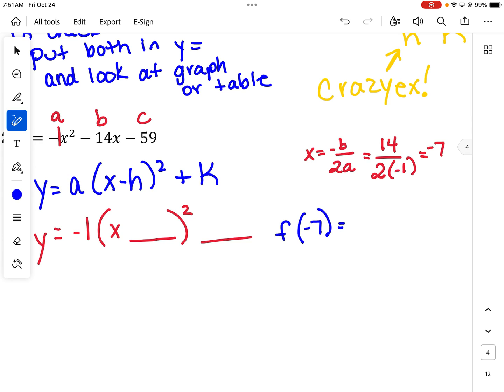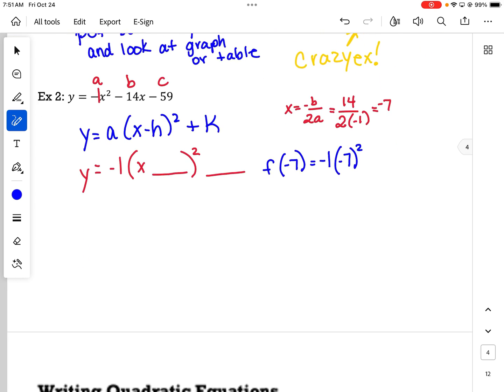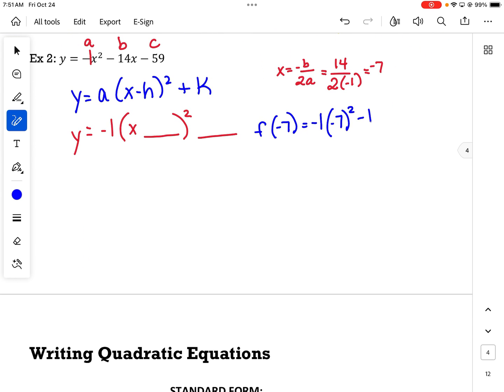Okay, now do f of -7. Let's plug it in. Negative, because it's a -1 there, right? Parentheses -7 squared, minus 14 times -7, minus 59. Use your calculator, put it in.